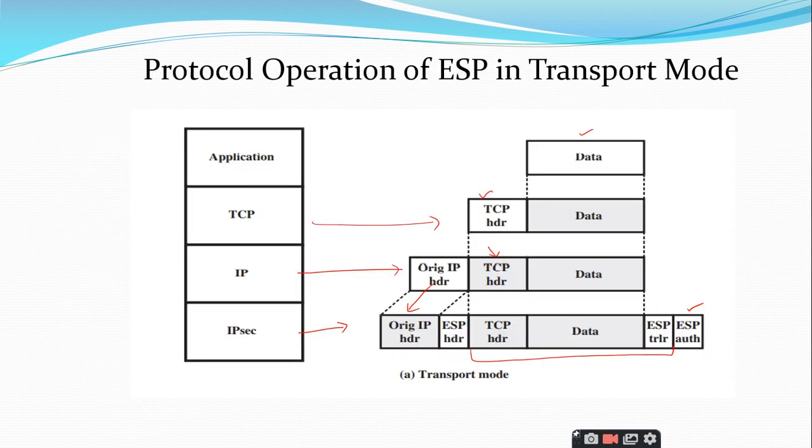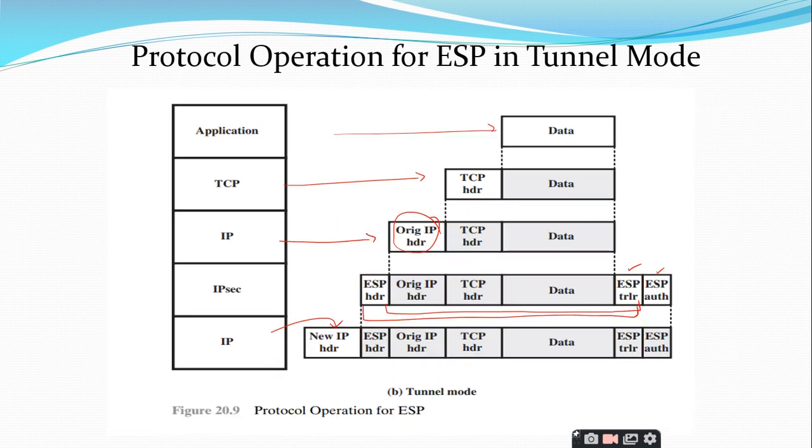We ended our discussion with the protocol operation for ESP in the transport mode and the tunnel mode. That completes the discussion on the transport mode as well as the tunnel mode. These are very important topics, the 2 modes of operation of ESP. So, that is all for today's session.